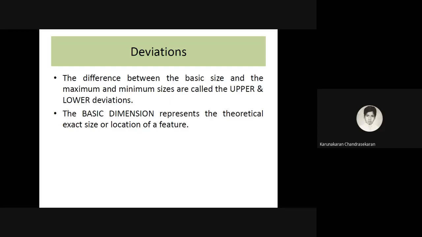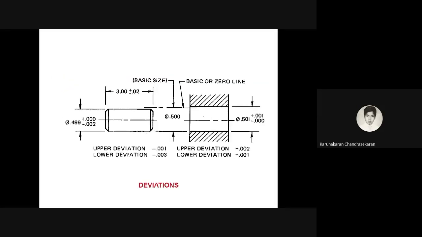Now the deviations: the difference between basic size and the maximum or minimum size is called upper and lower deviation. We have already seen plus 0.005 is the upper deviation, and if you have a minus 0.005, that is called a lower deviation. Now in this case, you can see two deviations very clearly mentioned. We have a component size, it can be 3.00 plus or minus 0.02.